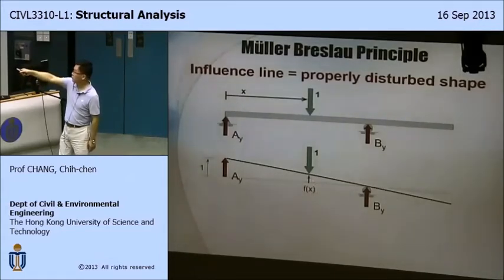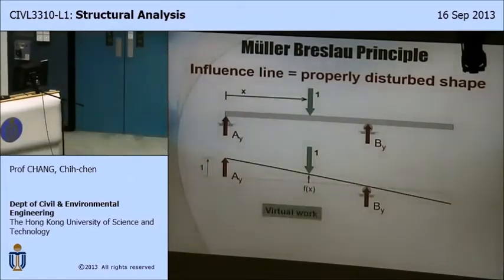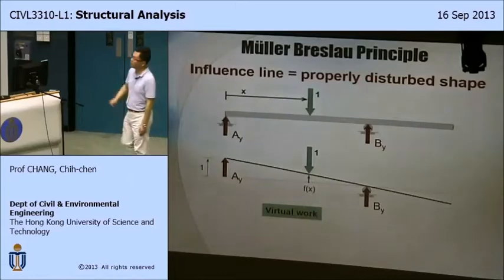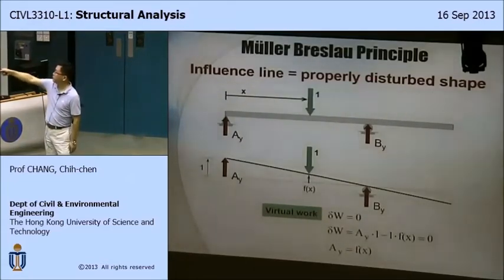So this profile is described as a function f(x). All right, so with that, I'm ready to formulate my virtual work. We say that this is in equilibrium, so if I create a small disturbance to the structure, the virtual work is going to be equal to 0.